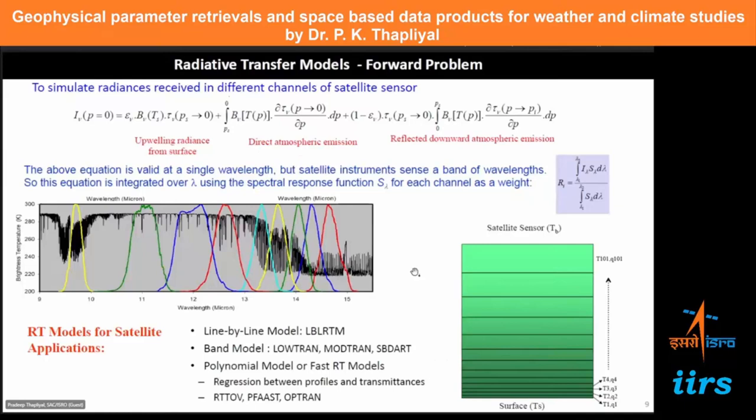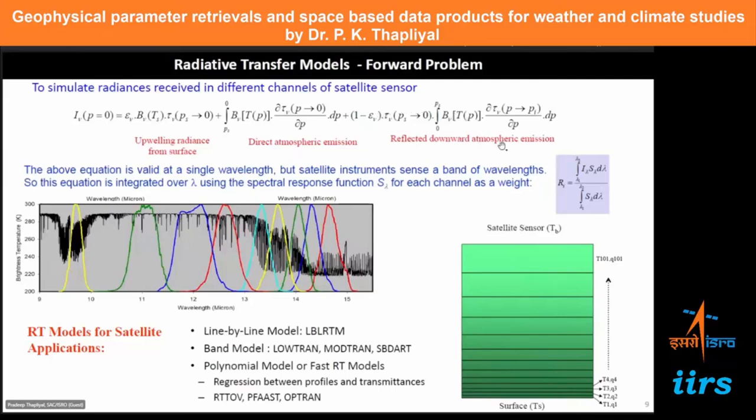If you integrate the individual layer radiation from a particular level to the satellite sensor, that integrated amount will be the total amount of radiation emitted by different layers in the atmosphere and reaching the satellite sensor.